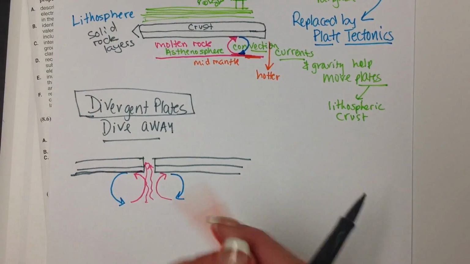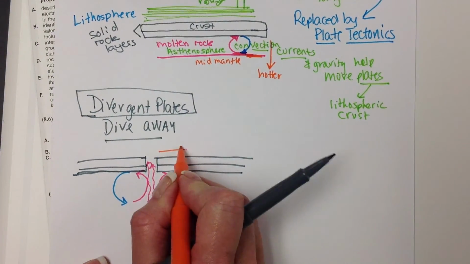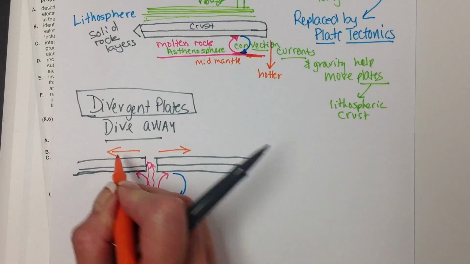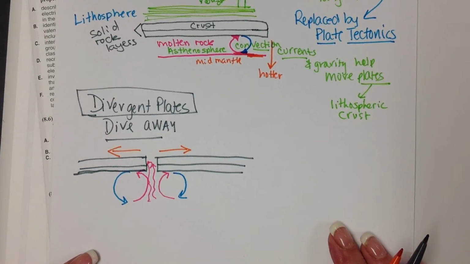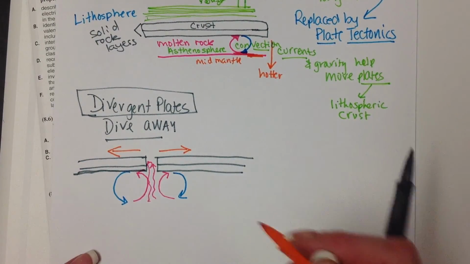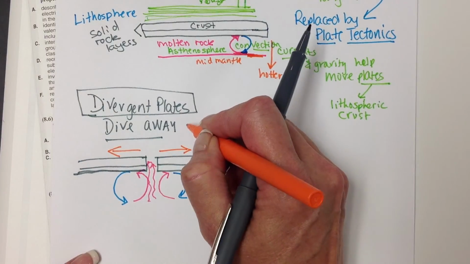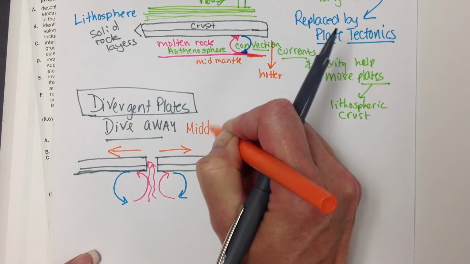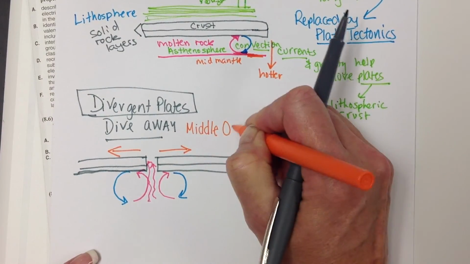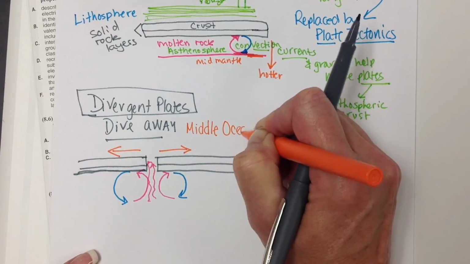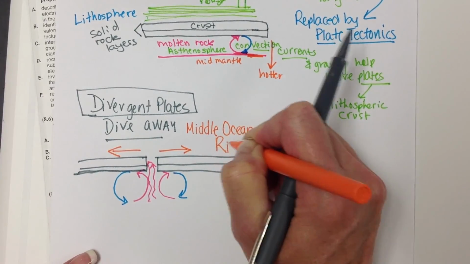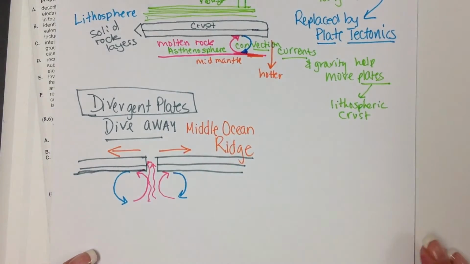So these two crustal plates are moving away from each other. That's divergent. Usually this is going on in the middle of the ocean. And that's why we call it a middle ocean ridge. Okay?